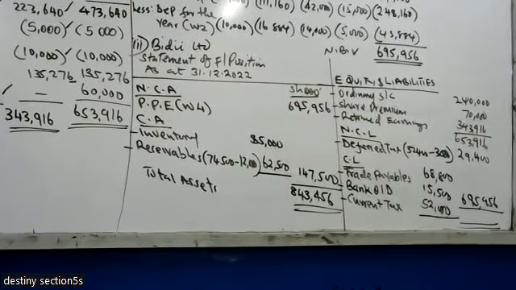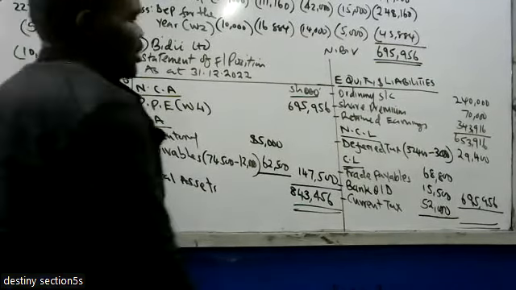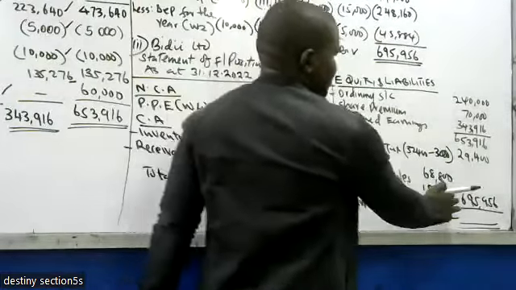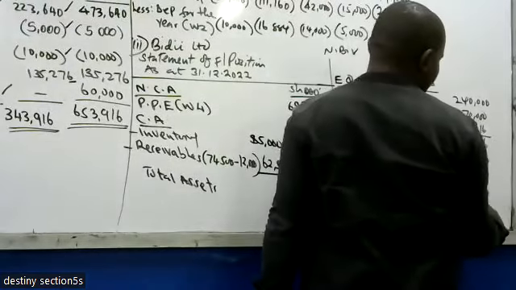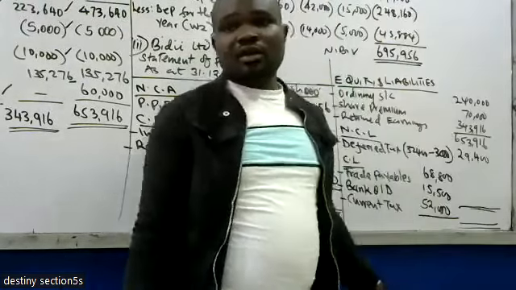Kama hiyo ilikuwa figure ya kitambo, sio inakaa ya PPE Linda, the figure you have given me. Please, what is the total of these 3? That is the figure 6. What do you mean?